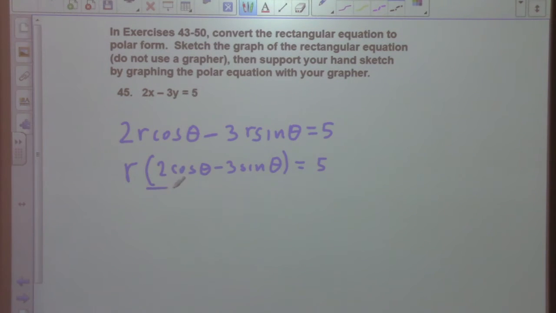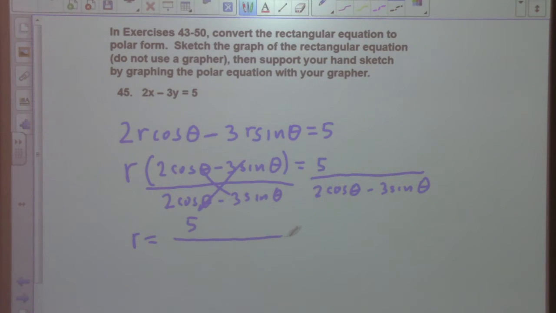And so now, to solve for r, you divide by 2 cosine theta minus 3 sine theta, and do the same thing on the right side, and so that cancels out. So r is going to be equal to 5 over 2 cosine theta minus 3 sine theta.